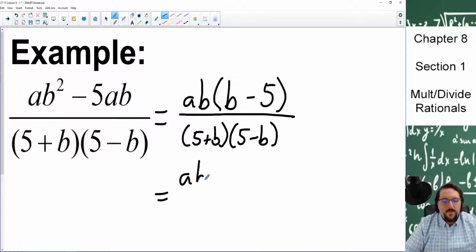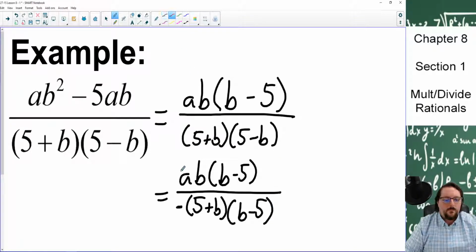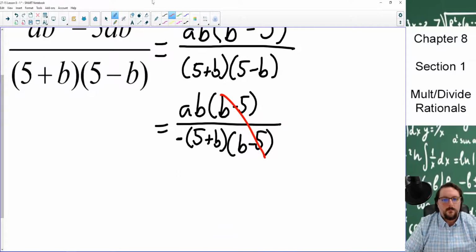So my top will remain the same. My first negative I'll put out front. My second negative I'll use to flip these guys. Now we can cancel. So AB over negative 5 plus B.